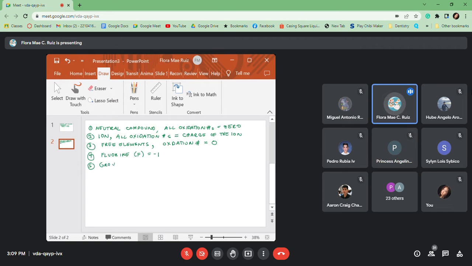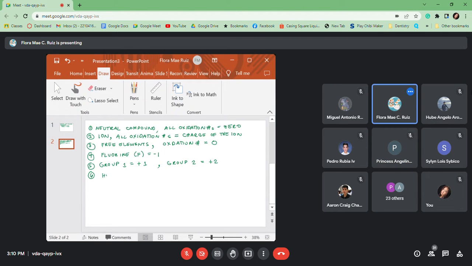All elements under group 1 in your table should have an oxidation number of +1, while all elements that are in group 2 in your periodic table should have an oxidation number of +2.